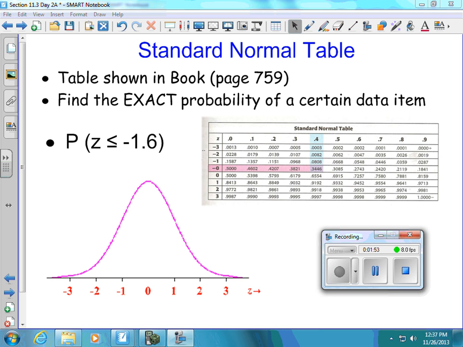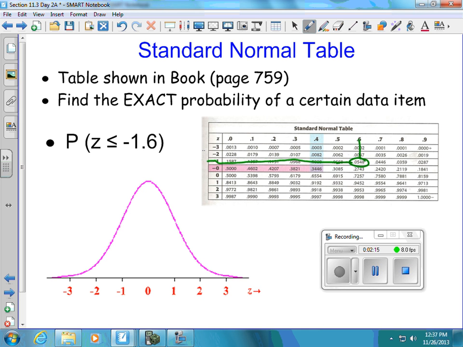So it's not the probability of exactly, in this case, negative 1.6, it's the probability that it's less than negative 1.6. That's what's in the table. So negative 1.6, negative 1, that's this row. Okay, 0.6 is this row. Where they come together, that's your probability.